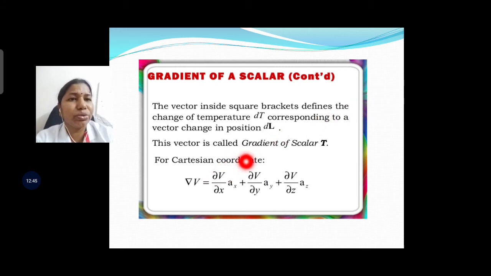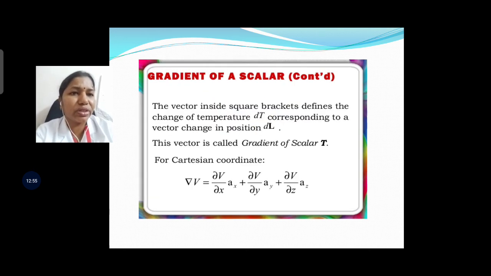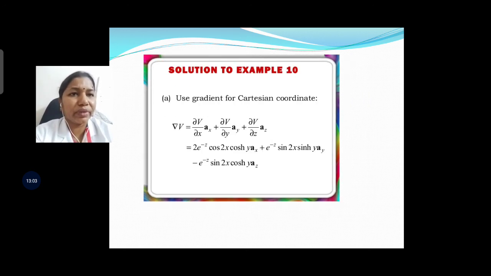We substitute this V in the gradient equation to get dou V by dou x, dou V by dou y and dou V by dou z. So del V is equal to dou V by dou x ax plus dou V by dou y ay plus dou V by dou z az.